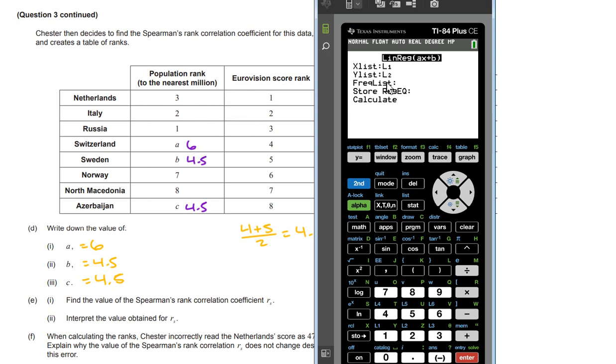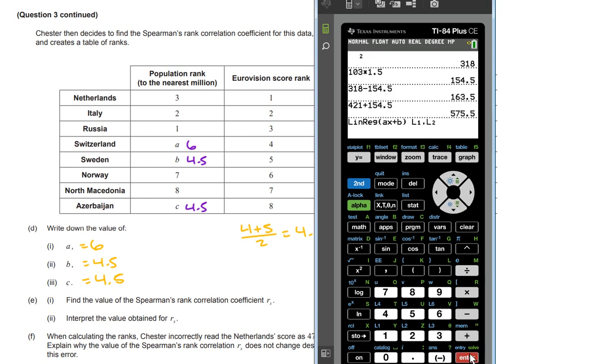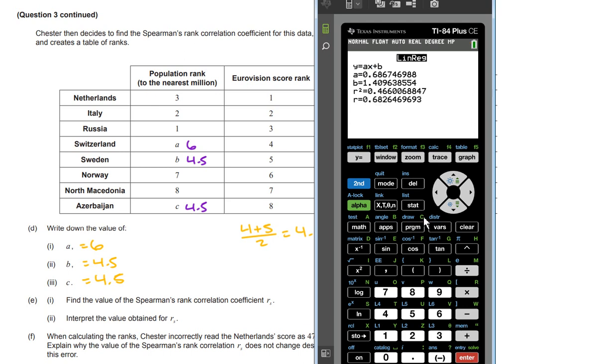All of our Y's are in list 2. There is no frequency list, so we leave that blank. Store regression equation. Anyway, go down to calculate, and it gives us that. There's our r value, 0.6826. So we're going to go 0.683.